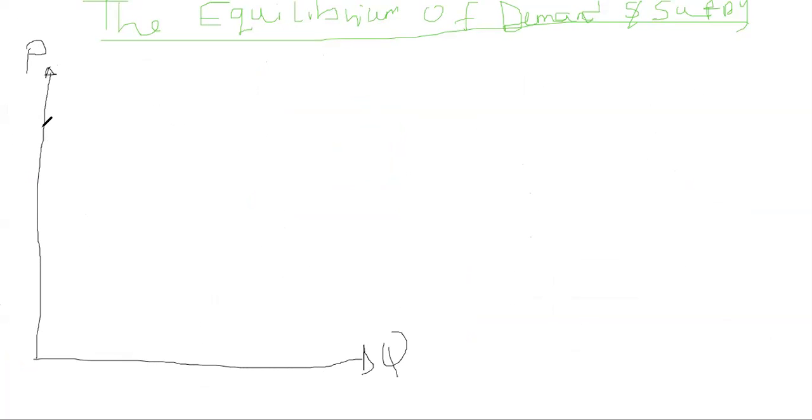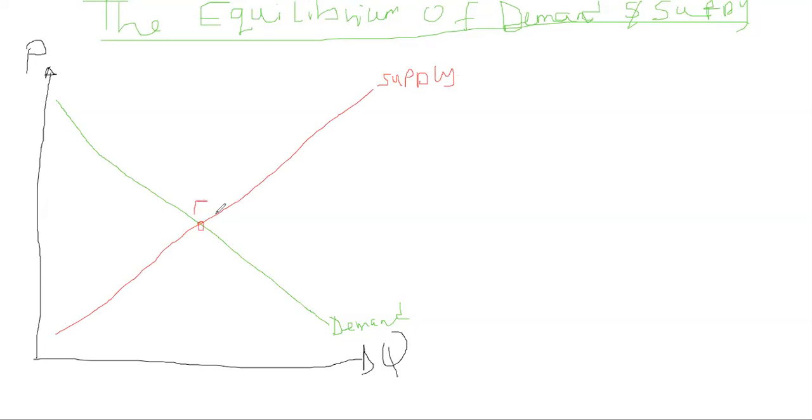So we will have something like this. Let's say we have demand represented as this. This is demand. Then we have supply. So this is where they meet, and this is the equilibrium point.